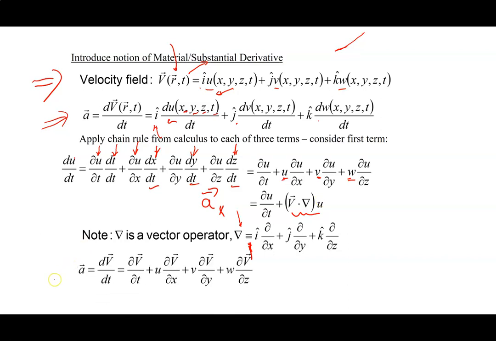In general, a is a velocity vector derivative, so it's dv/dt, and so I have to apply this operation across all three components, and that is compactly represented by this result. It's the partial of v with respect to t, v being a vector, then u multiplied by the partial of v with respect to x, again v being a vector having three components, likewise v and w multiplied by the relevant partial derivative terms as well.